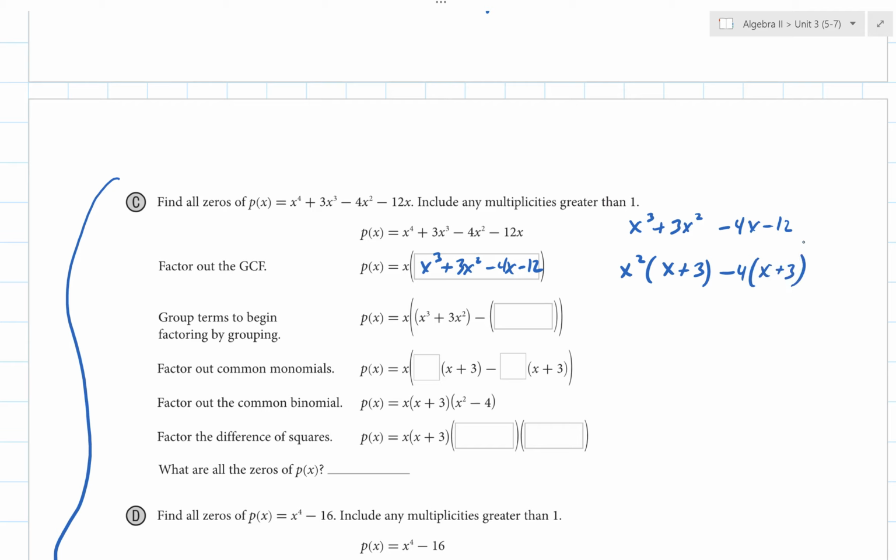x plus 3 also. Now when these turn out to be the same, that means grouping is going to work. We got the same factor. So what we can do now is take that factor and move it out in front. And so we have x plus 3 out in front. And what are we left with when we pull those x plus 3's out? x squared minus 4. Okay? So then, can that be factored anymore?